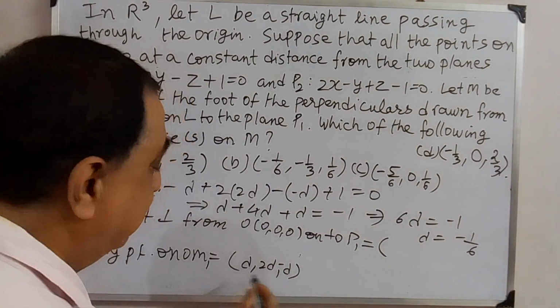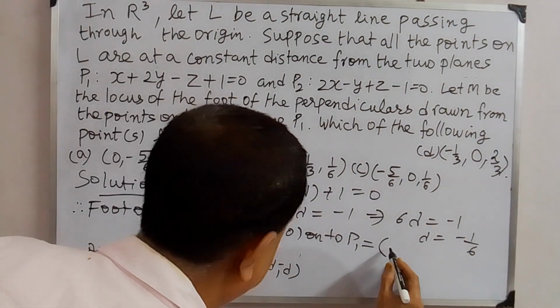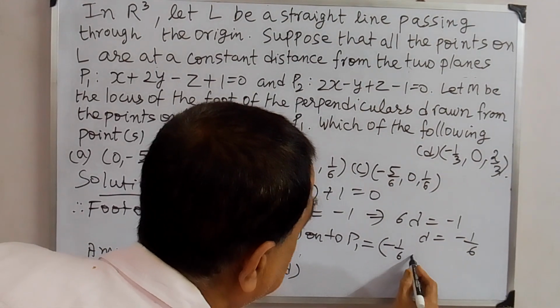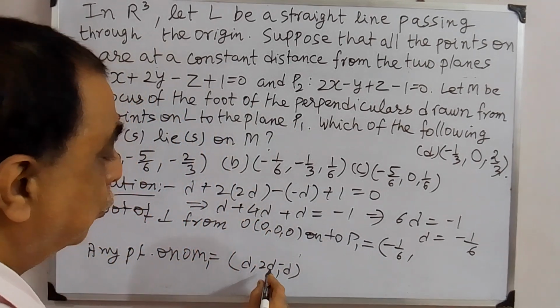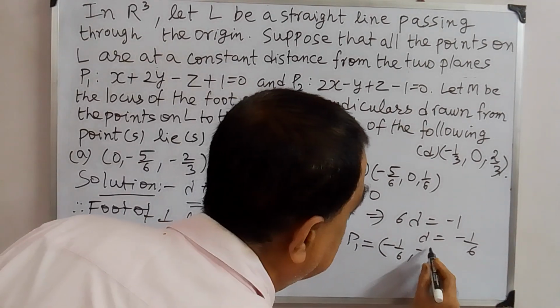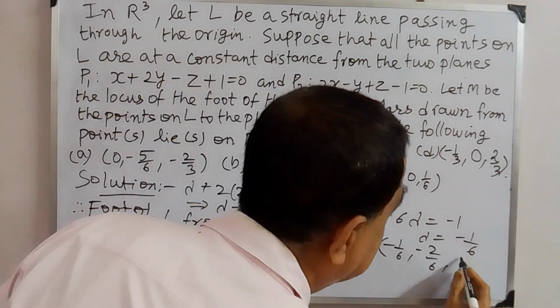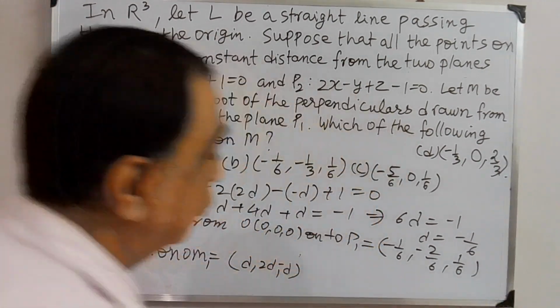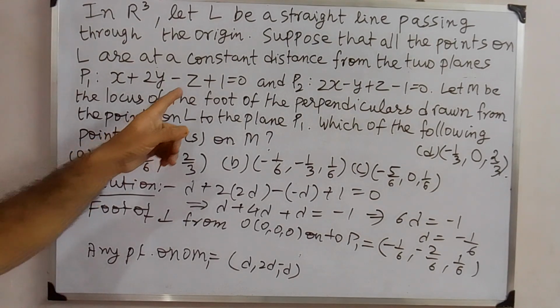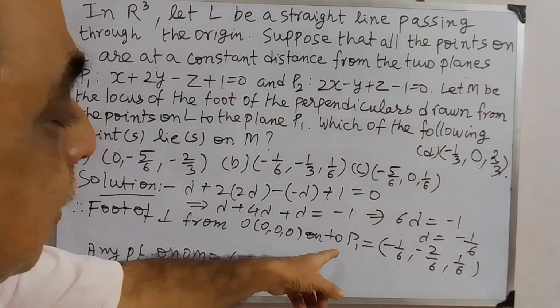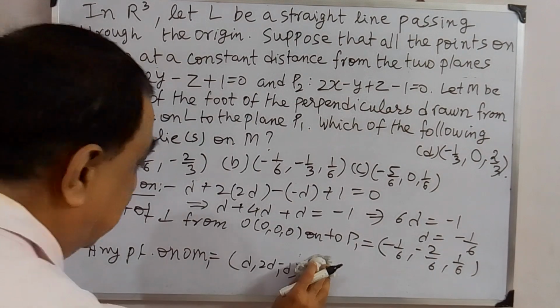In place of lambda, minus 1 by 6. So that is minus 1 by 6, and 2 lambda, so that is minus 2 by 6, and minus lambda, so minus into minus plus 1 by 6. So this is the foot of the perpendicular from the origin onto the plane P1.